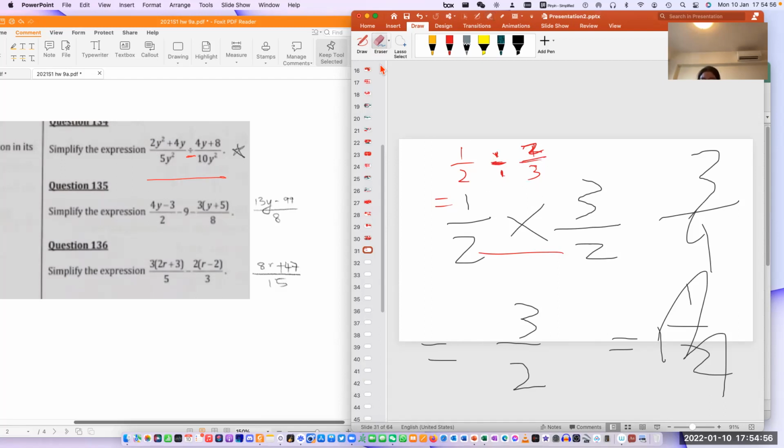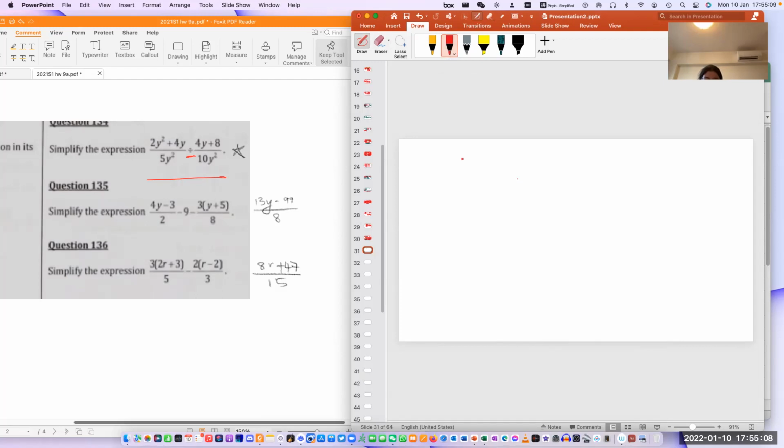Okay, let's do the same thing to this question. Can you clear your handwriting, please? Yeah, thanks. So instead of this, half is this first fraction. Divide.